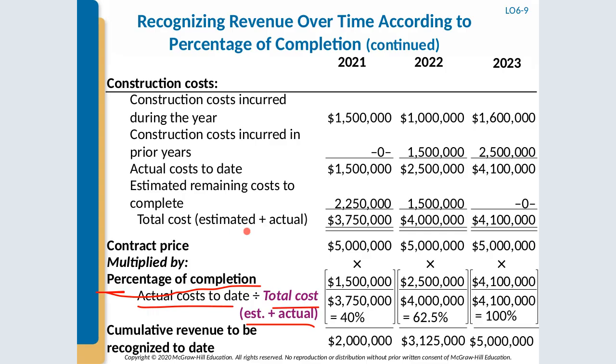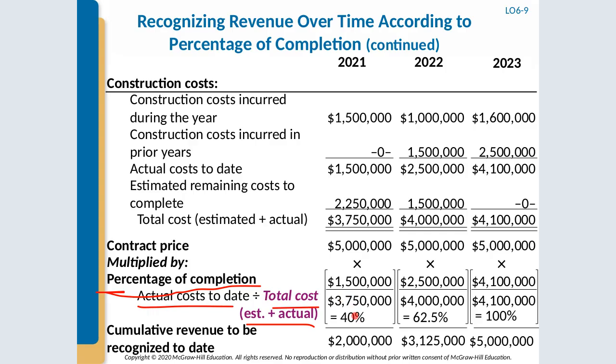Our total estimated and actual is 3,750,000. So if we take our 1.5 and divide it by the 3,750,000, we get 40%. So this means that we're 40% completed as far as costs are related to this project.